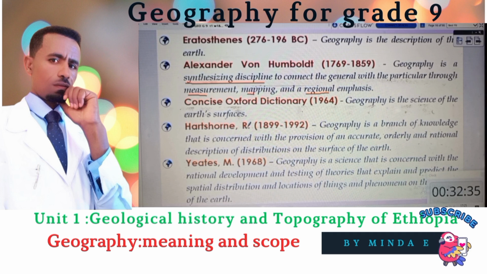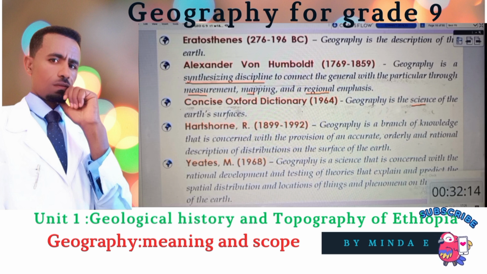Okay. Another definition is given by the Oxford Dictionary, and the Oxford Dictionary defines geography as a science. Geography is the science of the Earth's surface.